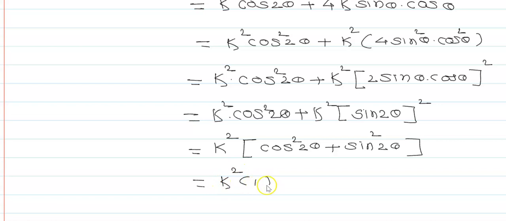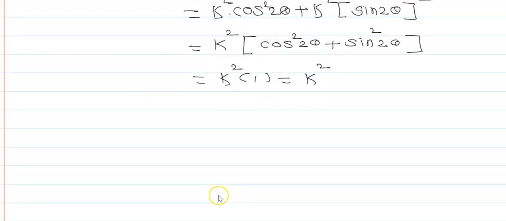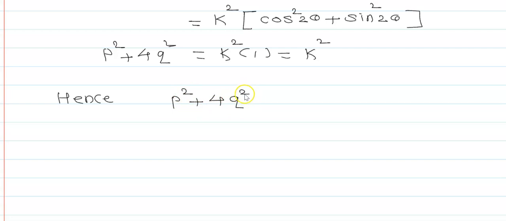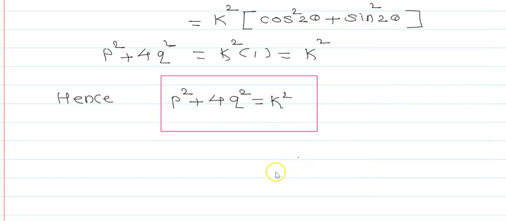Okay, that is equal to k square, and hence p square plus 4q square is equal to k square, hence it is proved. Okay. Now you can see this again.